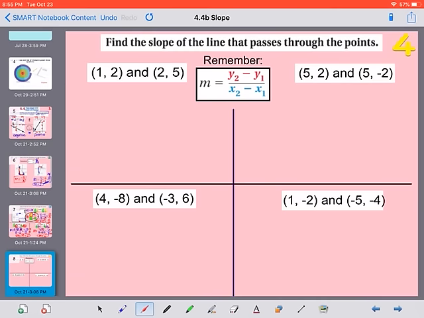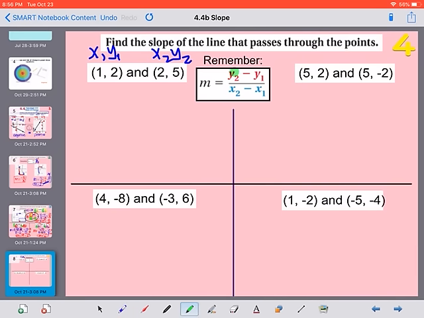All right, we have one more slide of this, practicing counting our slope using our slope formula. That's this equation right here. So I'm going to do the top 2, and then I'll have you try the bottom 2. So first I'm going to label my points, x, y first point, x and y second point, and then plug them into our equation.